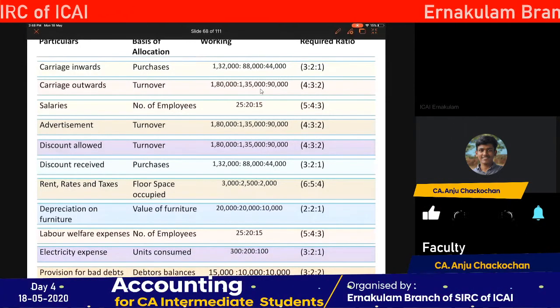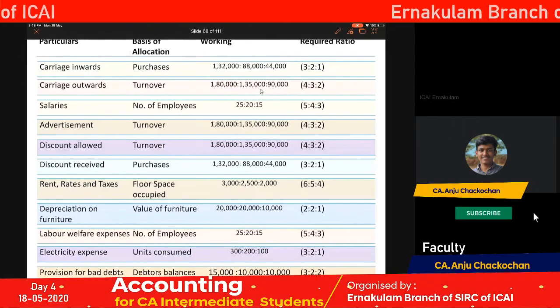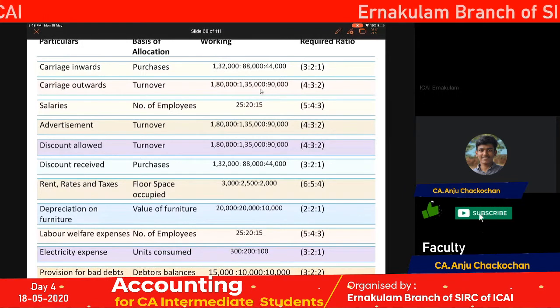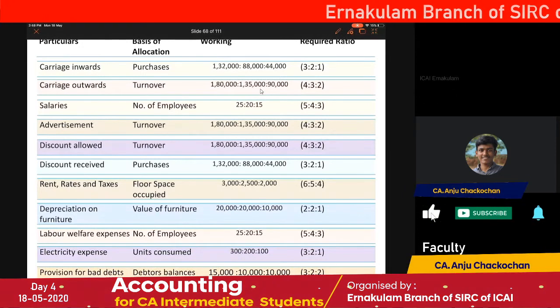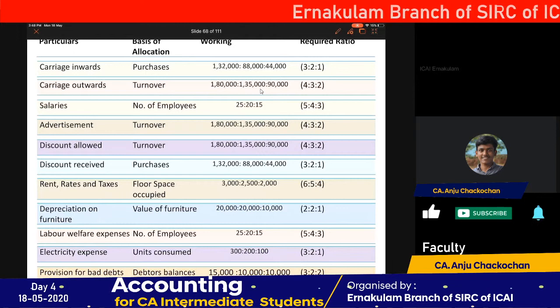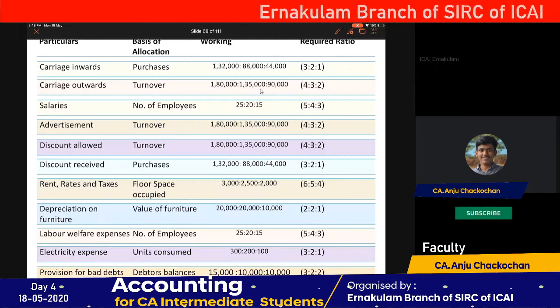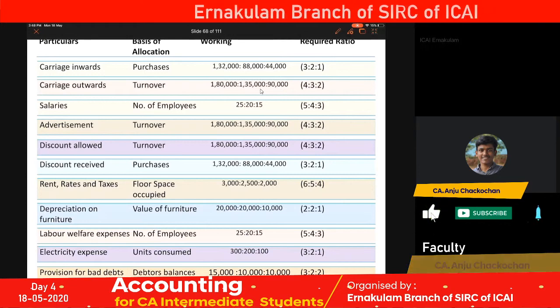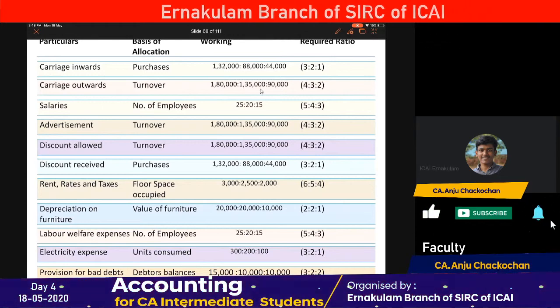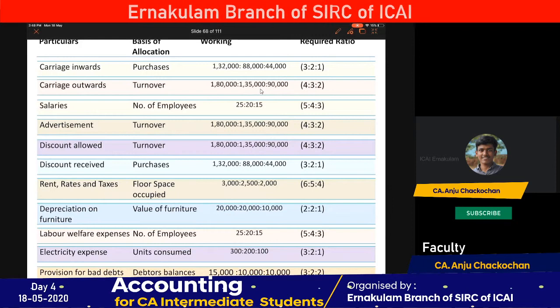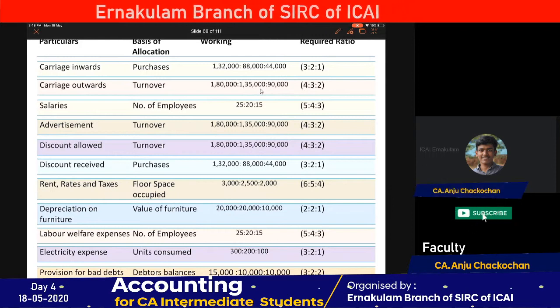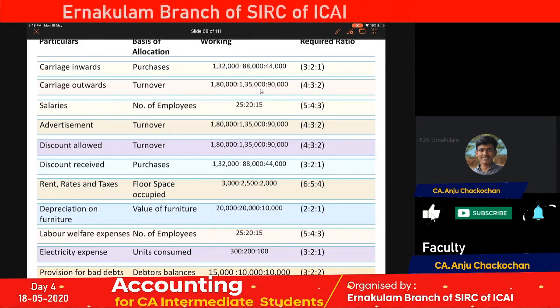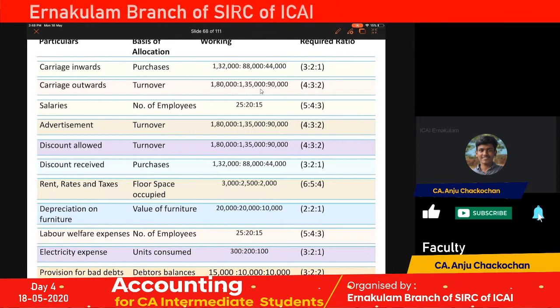And discount allowed, you have to again allocate on the basis of turnover. Reason being, you give discount when you are actually making the sales, right? It is to your debtors that you give the discount. So discount allowed, you are allocating on the basis of turnover.